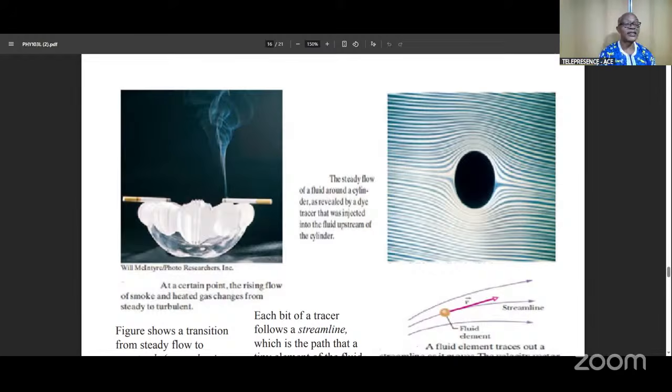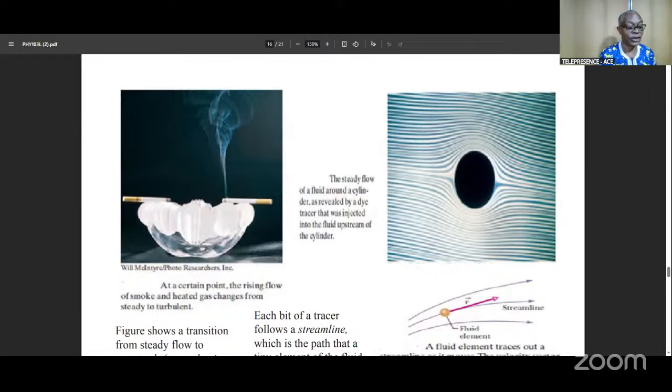Then in this case, you can see a cigarette lighter burning a flame. At the point close to the flame, you can see that the fluid is moving gently, but as it moves away, the flow becomes turbulent. Mathematically, you can describe that motion. Those in mathematics and those who will be looking at combustion, as in the case of the rocket, come to know how to write a mathematical expression to describe such a motion.